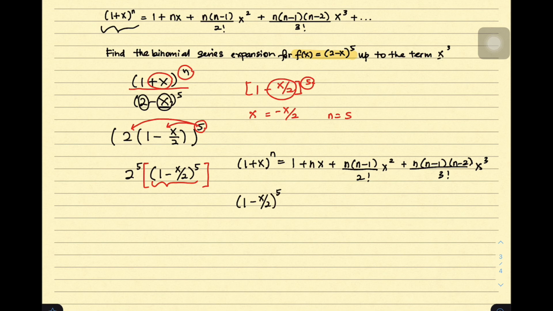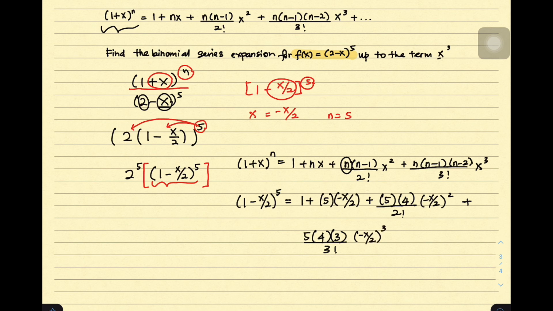Okay, yang kita nak carilah, equal to 1 plus, so n kita is 5, x kita adalah negative x over 2, gantikan formula, tambah dengan n, so n adalah 5, darab dengan n tolak 1, so 5 tolak 1, 4, bahagi dengan 2 factorial, so your x is negative x over 2 kuasa 2, tambah dengan n, so n kita 5, darab dengan n minus 1, 4, darab dengan n minus 2, 3, bahagi dengan 3 factorial darab dengan x cube, so x kita adalah negative x over 2 kuasa 3.